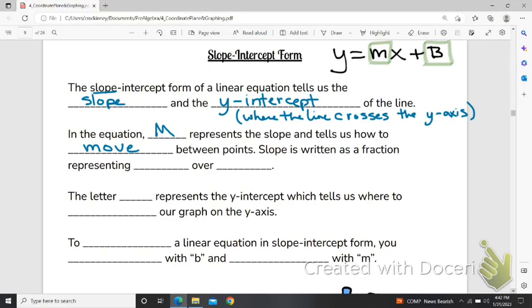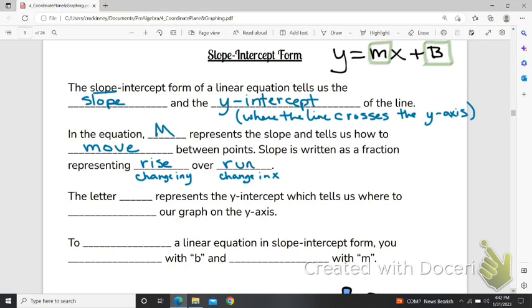It's written as a fraction representing the rise over the run. And besides being called rise over run, we could say it's the change in y over the change in x. So there's more than one way we could talk about that. Usually I will use the words rise over run.